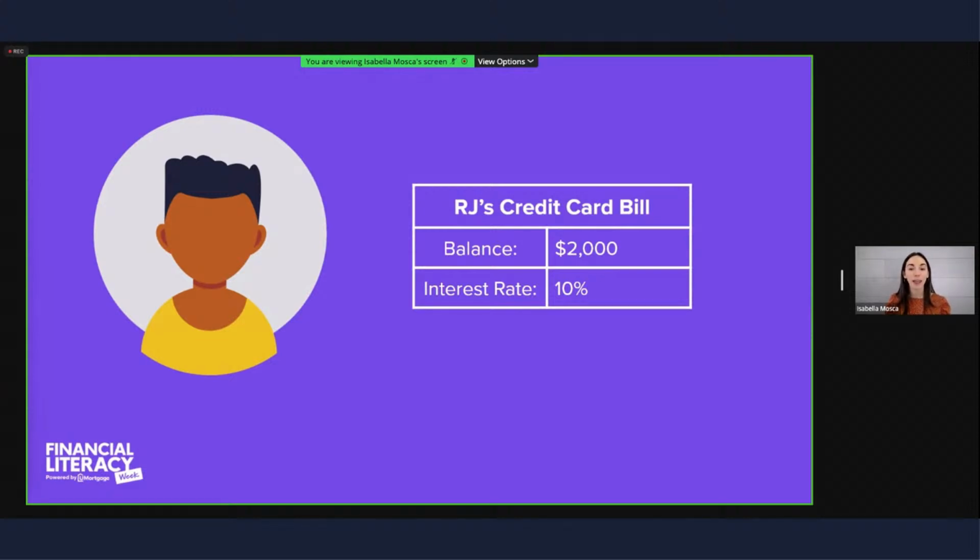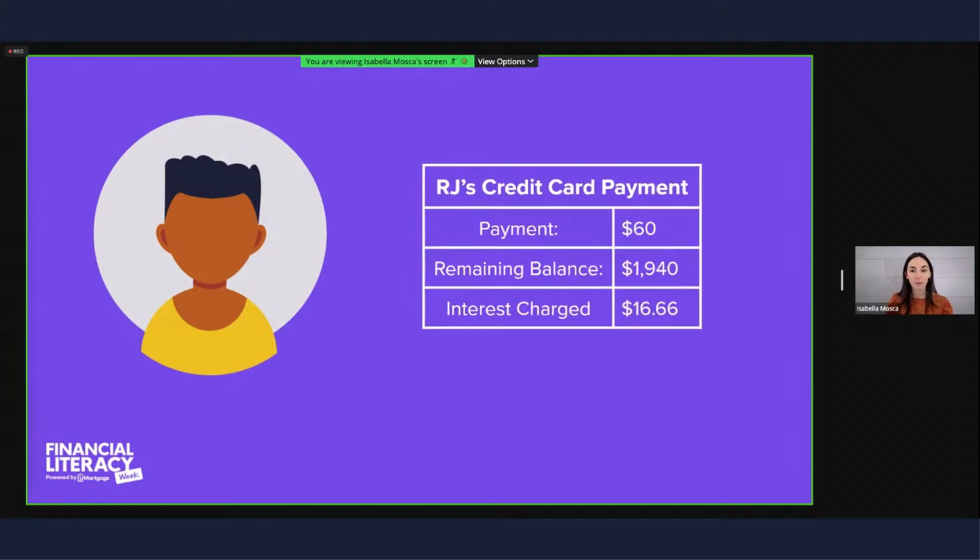Let's see how interest will play out in his situation. He has determined that he can make a $60 payment per month to pay down the credit card. His remaining balance after the first payment will be $1,940. He will also be charged $16.66 in interest for carrying over his balance into the next month.